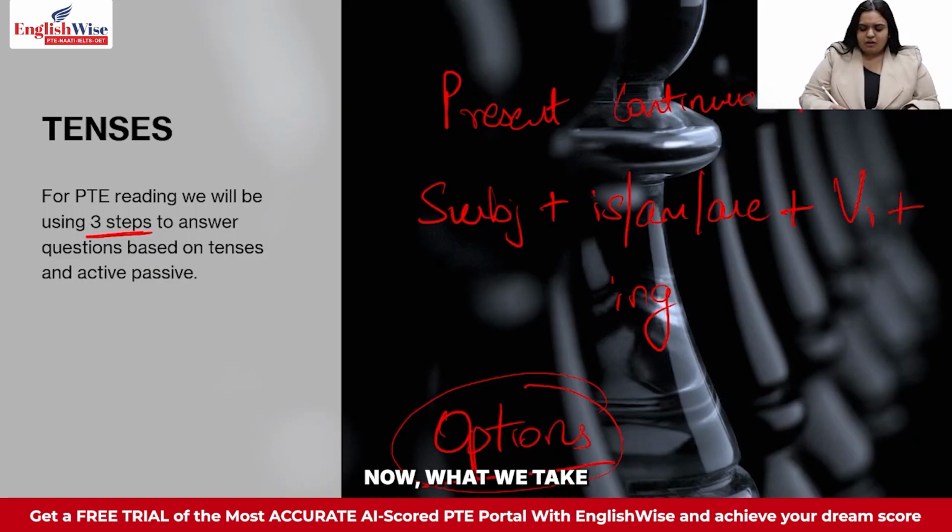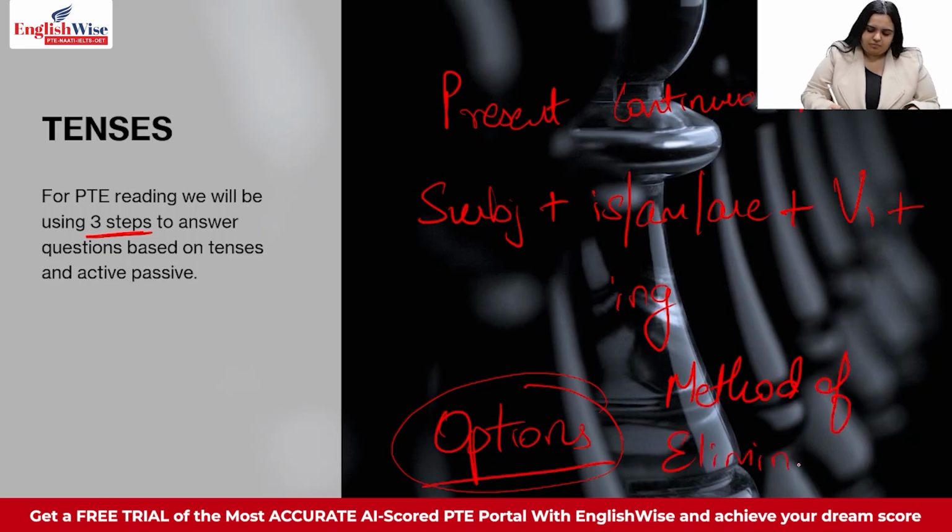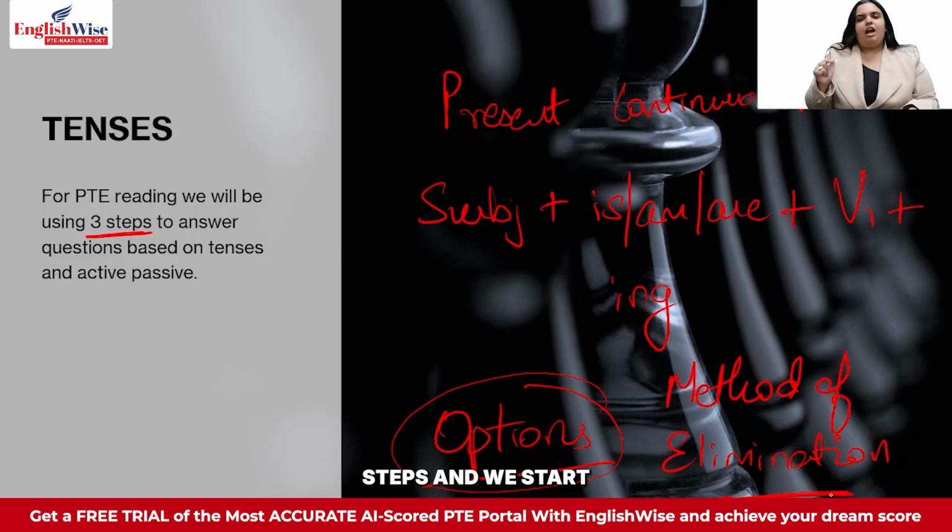Okay, now what we take the help of is the method of elimination. So we use 3 steps, and we start eliminating the wrong options until we come towards the final step. Okay, so this is how you will be solving your questions based on tenses.